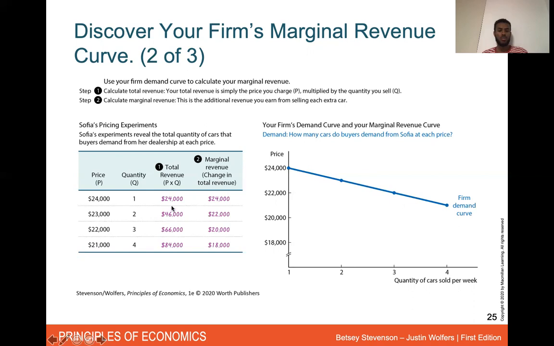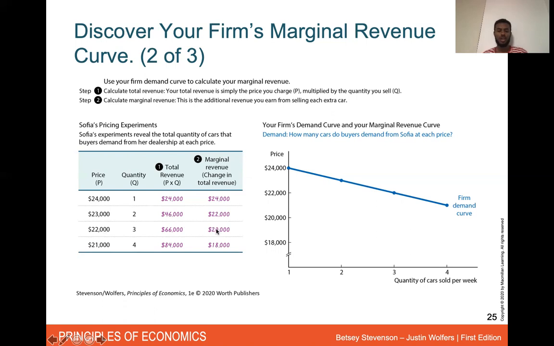You went from 24,000 in total revenue to 46,000 in total revenue. That change is 22,000. That's the marginal revenue. At a price of $22,000, you're going to sell three. Your total revenue is going to be 66,000. The marginal revenue you gained was 66,000 minus 46,000, which is 20,000.